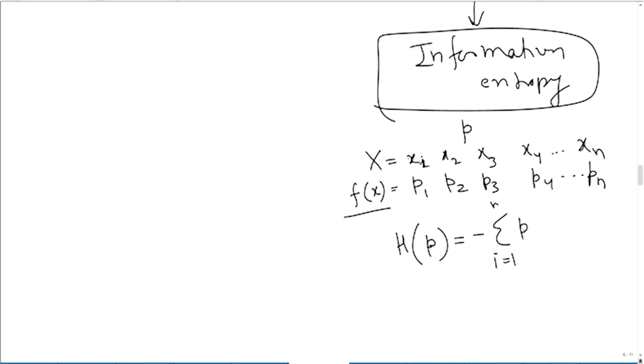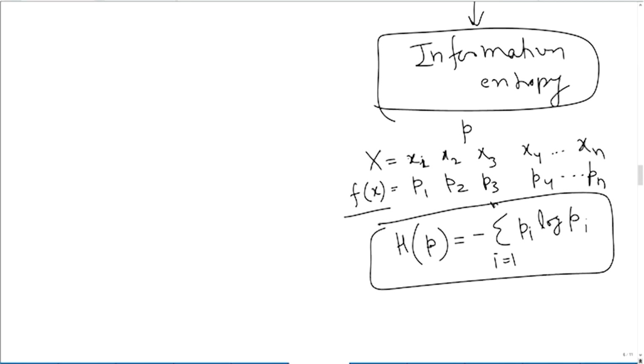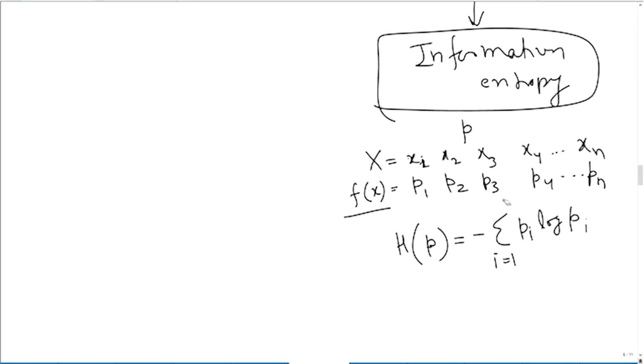So something like this, pi into log pi. Okay, so this is the formula of information entropy. This is the measure that we are going to use to calculate uncertainty.